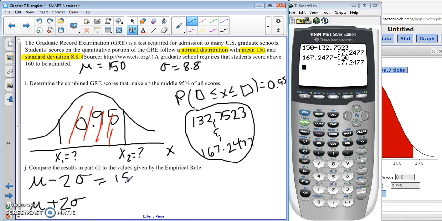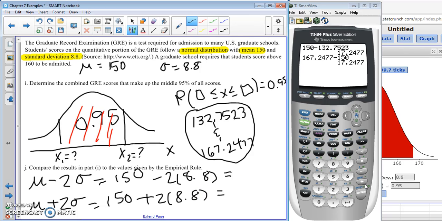So 150 minus 2 times 8.8, and 150 plus 2 times 8.8, and let's see what we get here. So 150 minus 2 times 8.8, we get 132.4. And if we look at it here, that's pretty close, right?